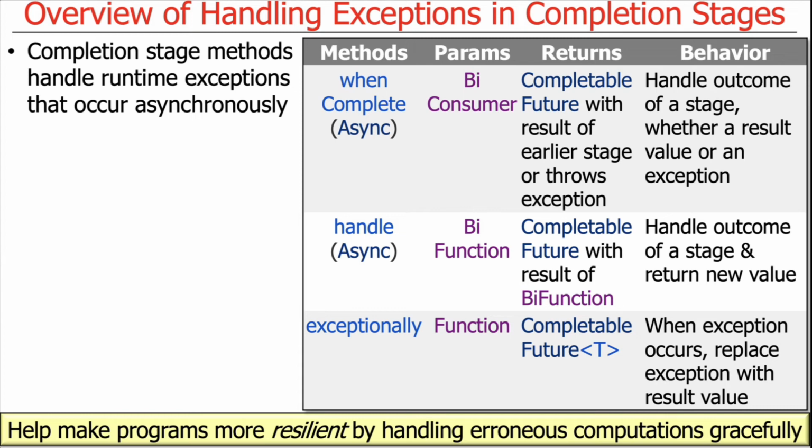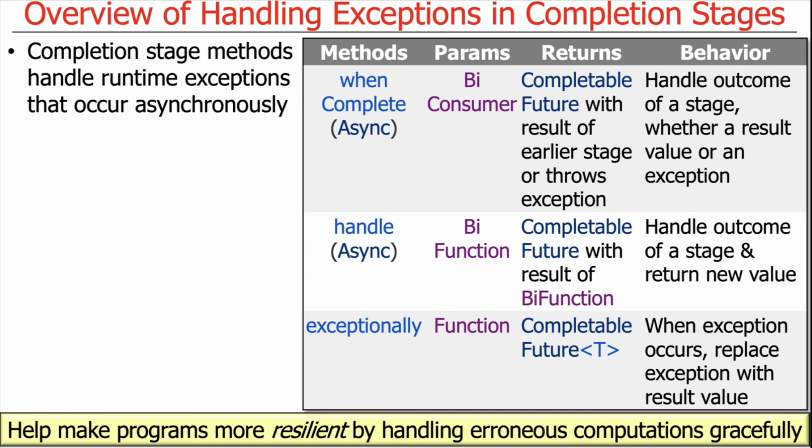Then there's another variant of exception handling called exceptionally, and this takes a Function and returns a CompletableFuture of type T. When an exception occurs, the exception is replaced with a value that's returned from exceptionally. So this is another way of masking exceptions by returning a default value. For example, if a divide by 0 exception is encountered, you might just return 0 rather than percolating the exception.